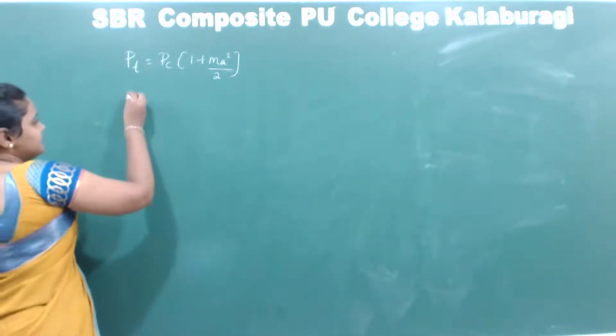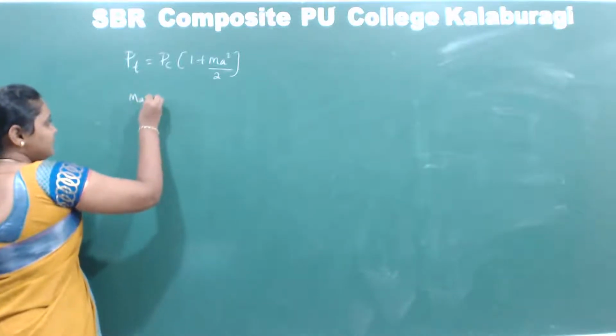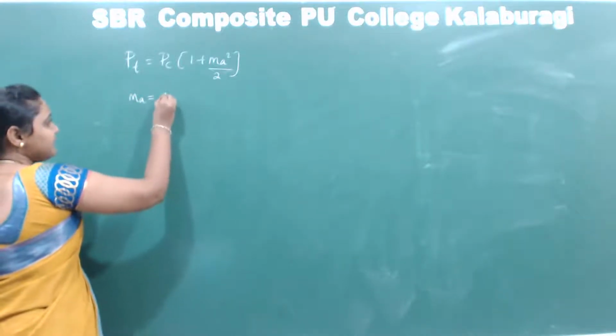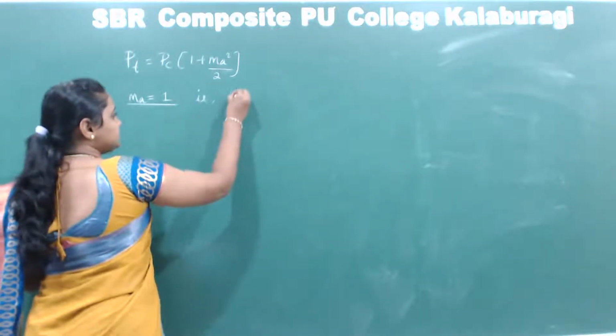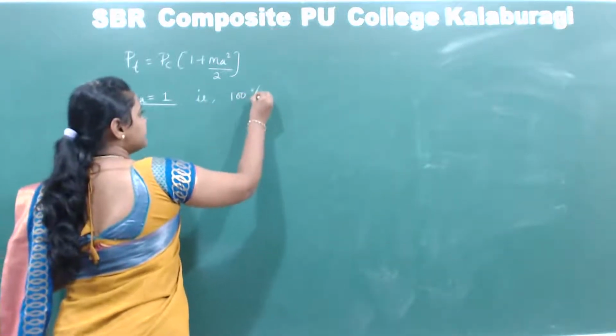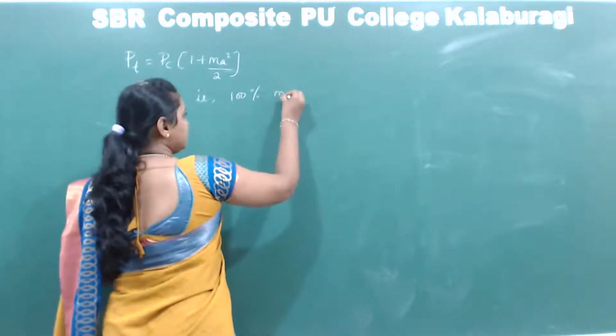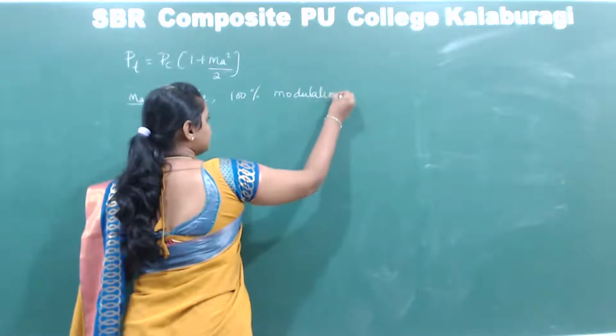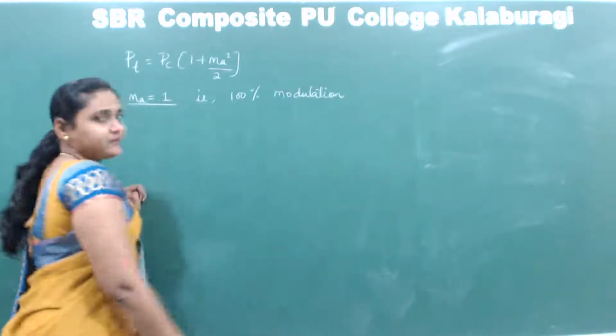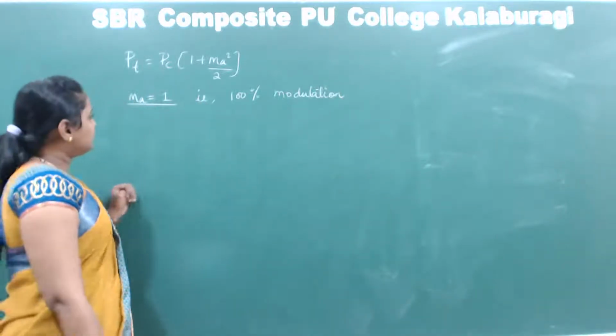So we will see what is the value of PT if we substitute the value of MA as 1, that is 100% modulation, for the condition of 100% modulation.